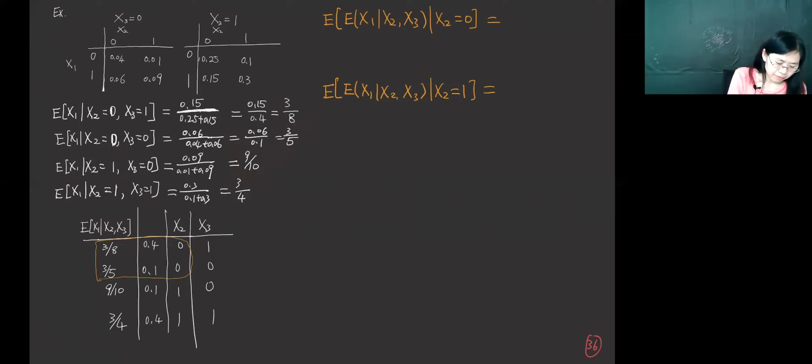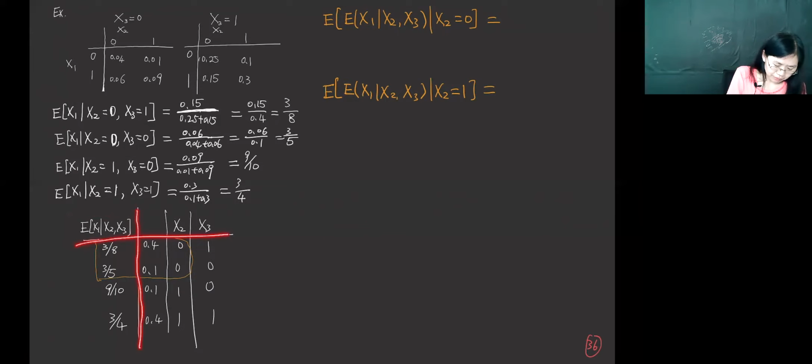You can verify whether these calculations are correct using the conditional expectation formula. Now let's suppose these are correct. We can write the conditional expectation of x1 given x2, x3. This is a function of x2 and x3, and we can write it in this table.